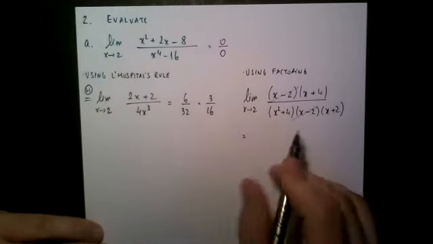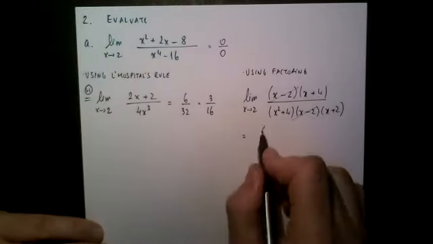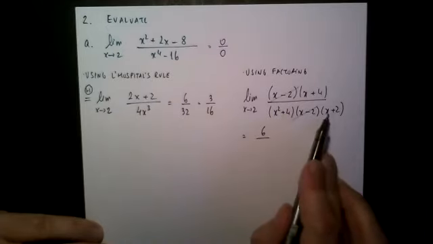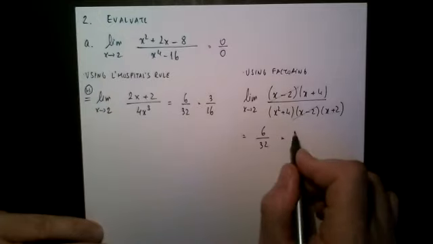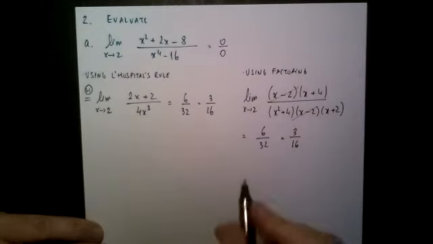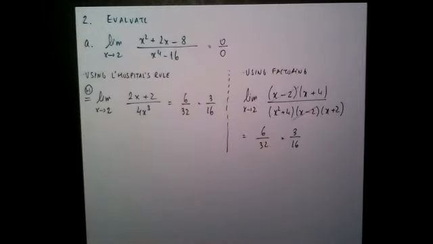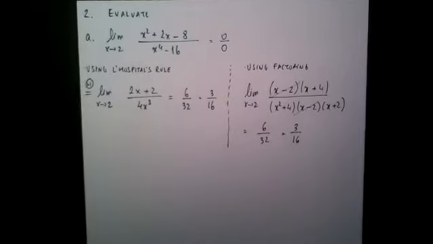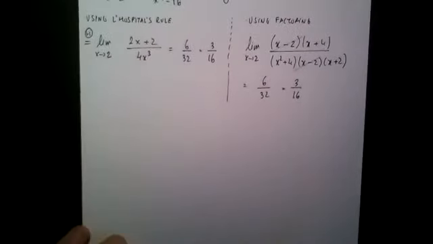And so if you plug in 2, I get 2 plus 4 is 6. And on the bottom, I get 4 plus 4 is 8. 2 plus 2 is 4. 4 times 8 is 32. And so I get the same answer both ways. Any questions? Let's move on.